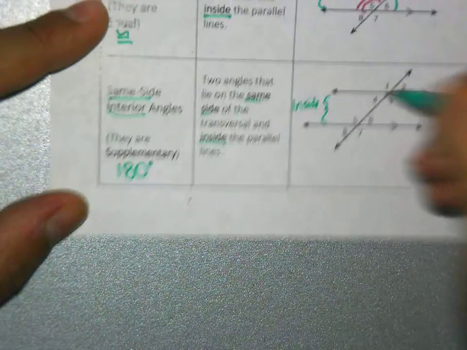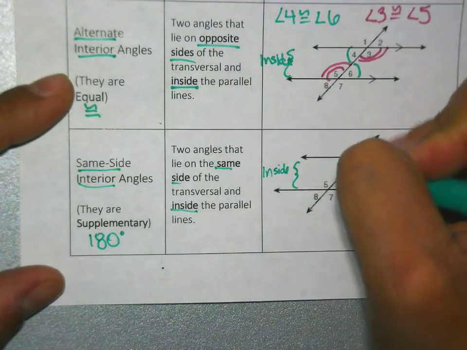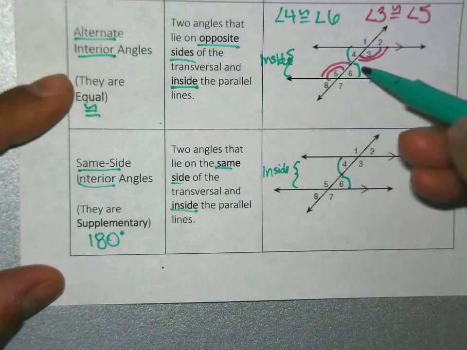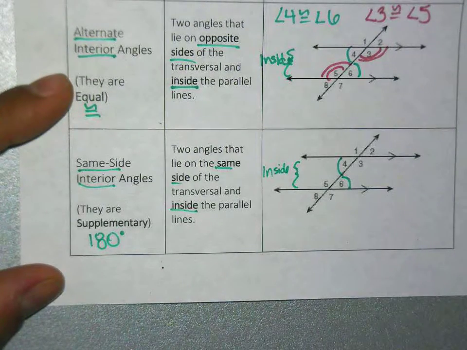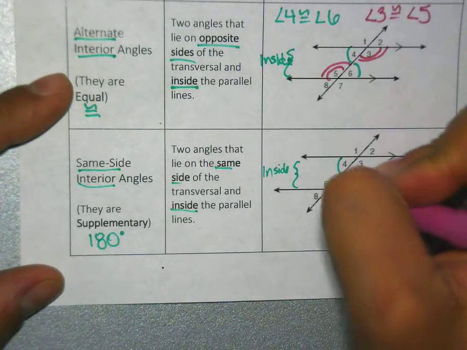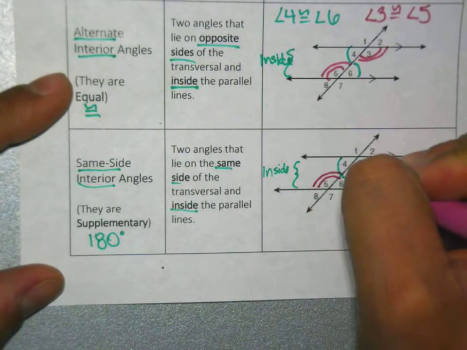So I know already that angle 4 is congruent to angle 6 because we knew that from up here. And angle 5 is congruent to angle 3.